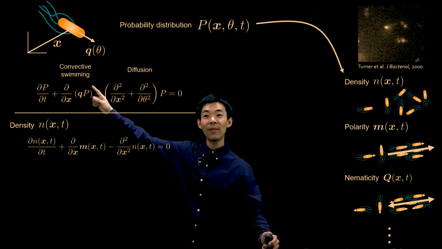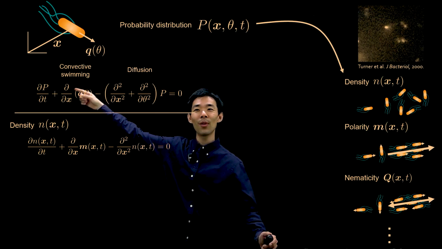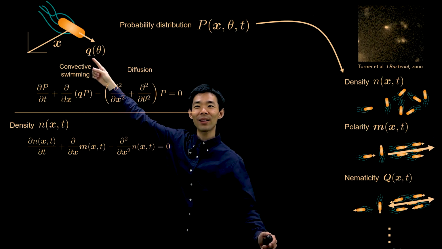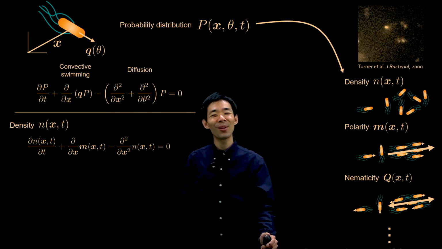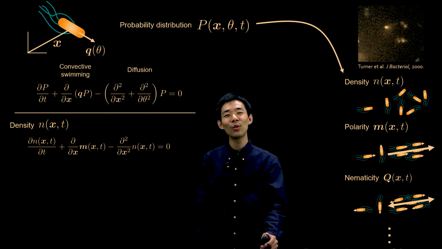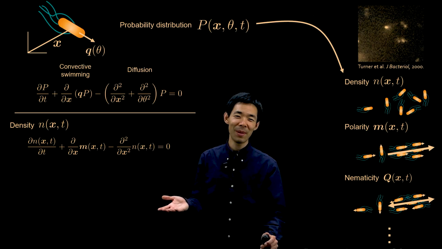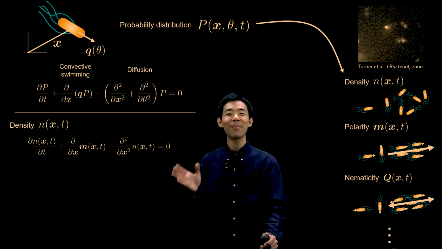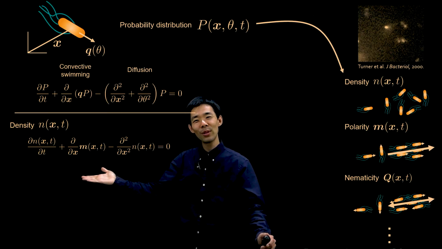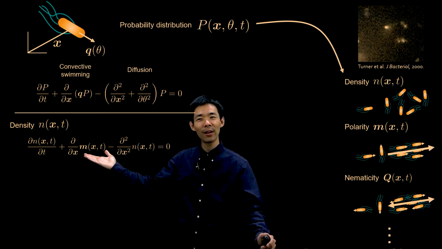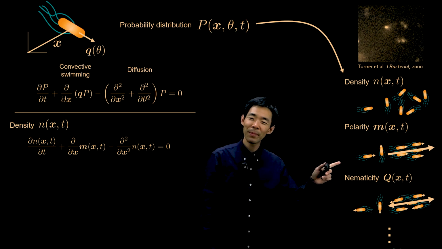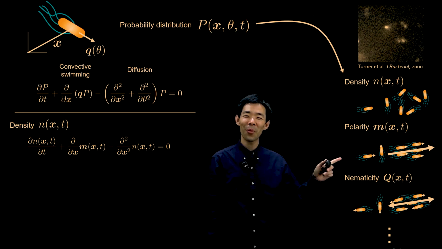But if you notice, if I were to integrate this term over all orientations theta, this q vector just tells you which direction they're pointing in as a vector. So it's cosine theta and sine theta. It's a 2D vector in 2 dimensions. There's a 3D analog, but for simplicity, I've just stated it for 2D. But you get another term here that depends on one moment higher, which is called the polar order.